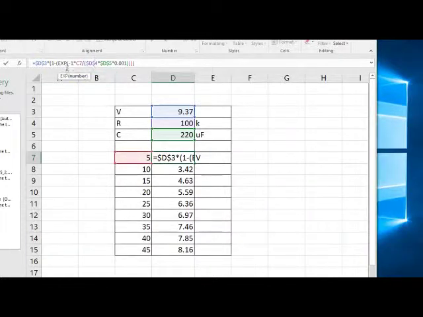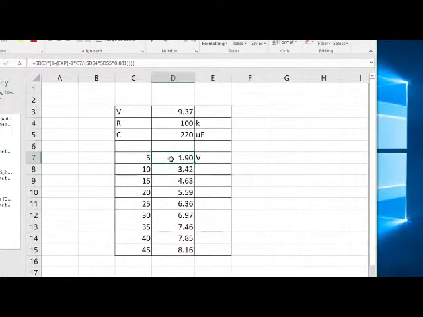This formula says that the voltage at time t equal to 5 seconds is equal to this voltage, $D$3, the fixed voltage 9.37, multiplied by 1 minus e to the power of minus t, which is C7 here, divided by RC, which is the multiplication of these two, and then I have multiplied by 0.001 because 10 to the power 3 multiplied by microfarad, 10 to the power minus 6, is 0.001.